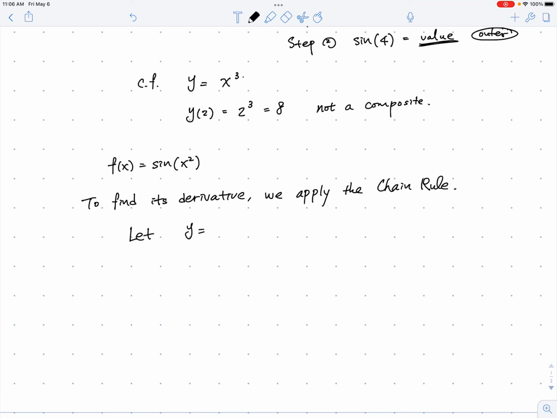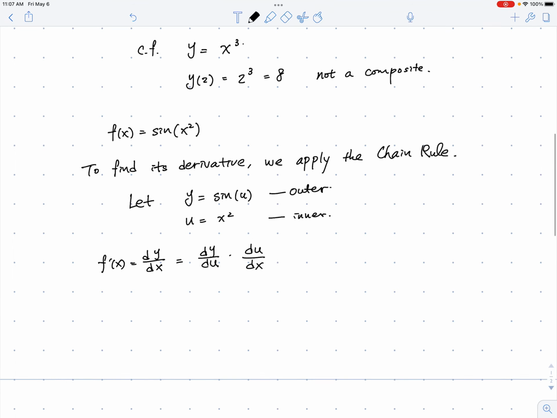The outer function, as we discussed, is sine of u, and u being x squared is the inner function. So the derivative f prime of x, also dy dx, is dy du times du dx.